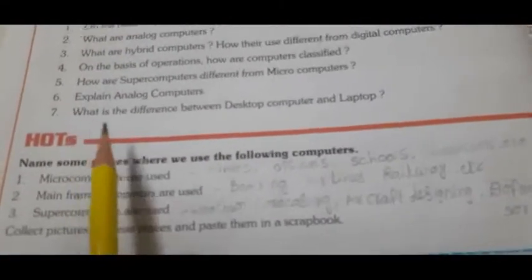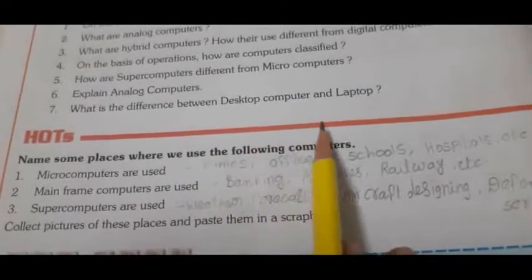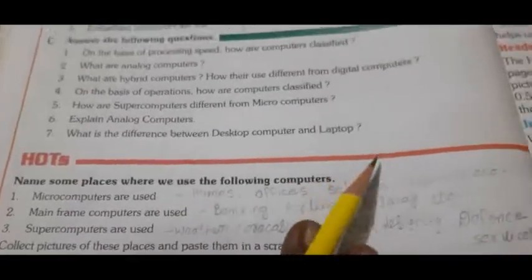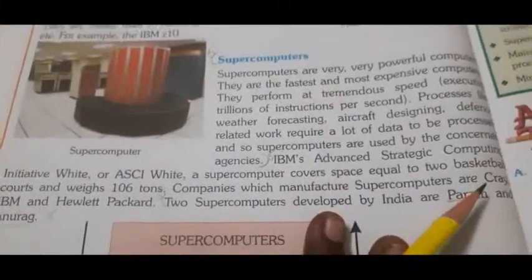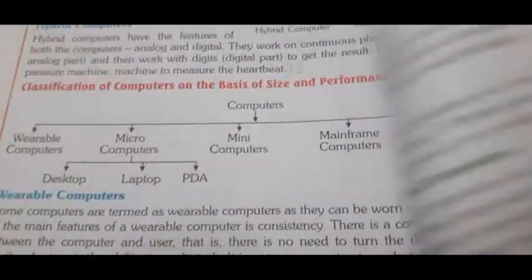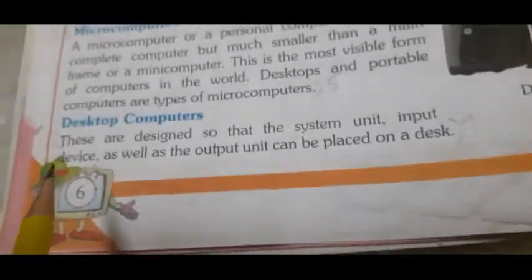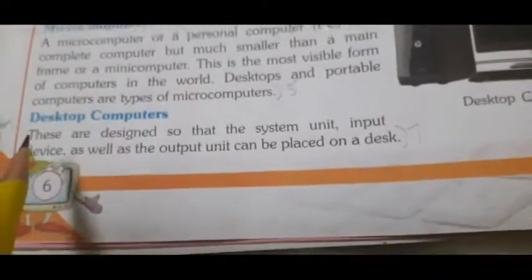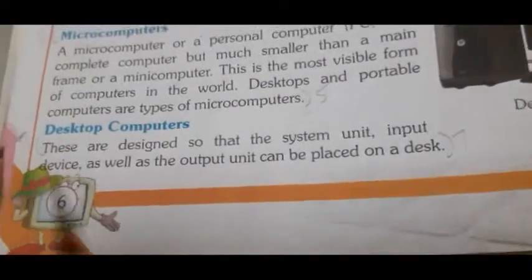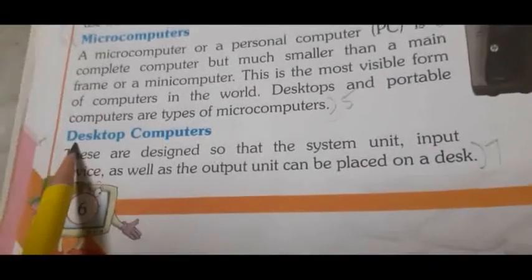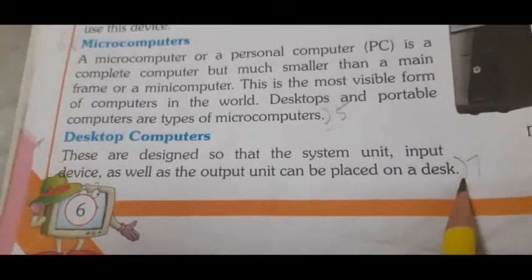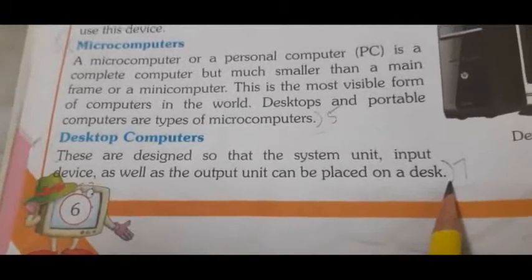Next, see what is the seventh question. What is the difference between desktop computers and laptops? For this question, children, see page number 6. Here is desktop computers. From here onwards, up to here.